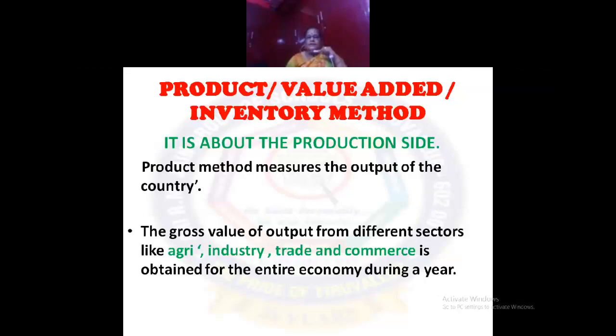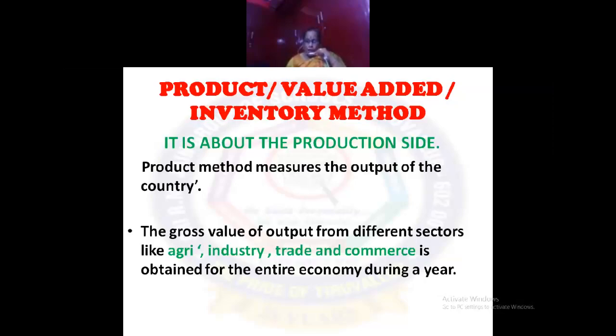So, in all the three methods we will come to know what will be counted and what will not be counted. The gross value of output from the different sectors, for example agriculture, industry, trade, and commerce, is obtained for the entire economy during the year.